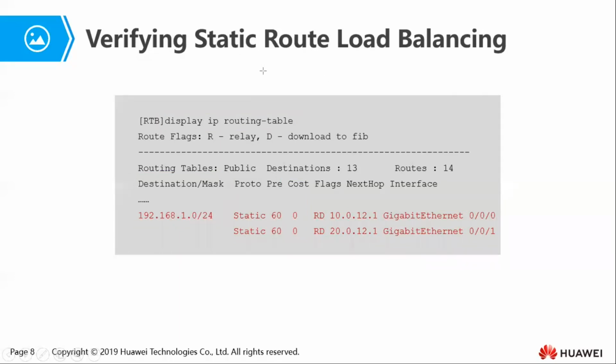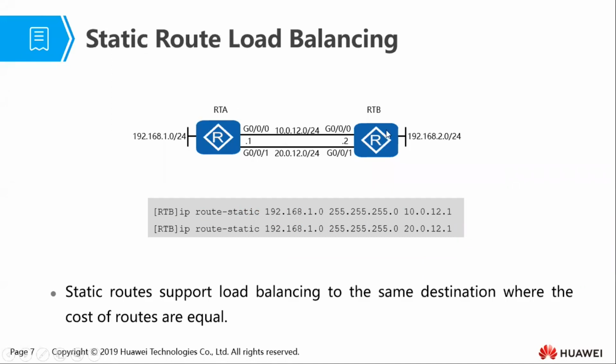I can just go back. So that we see the next hop. So we are in RTB. We've configured this. We want to go to this network. From RTB, we want to go to this network here. We want to configure a static route to get us to that network. So look at the next hop. We configure the next hop.